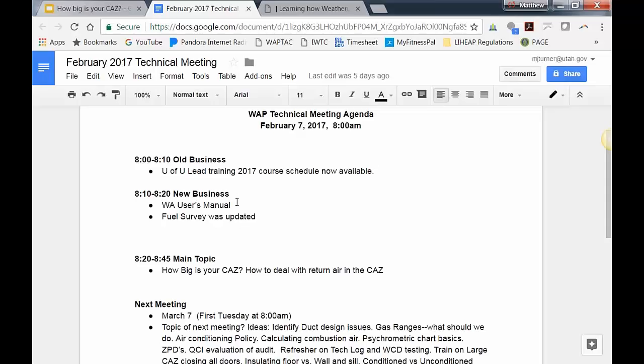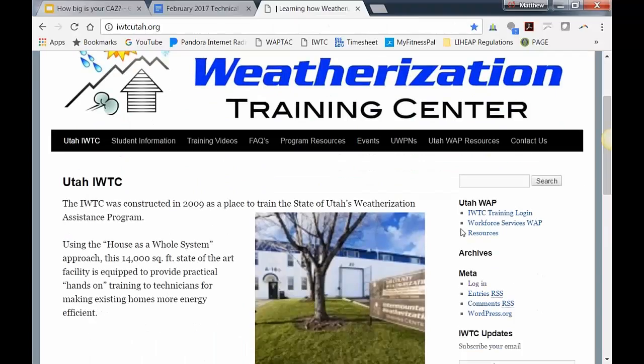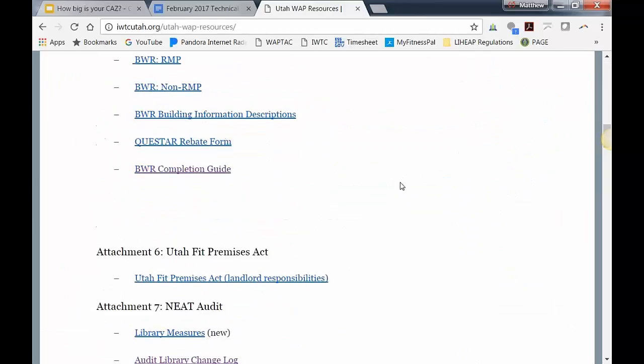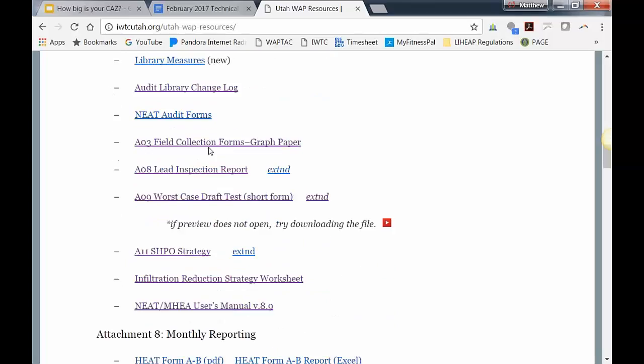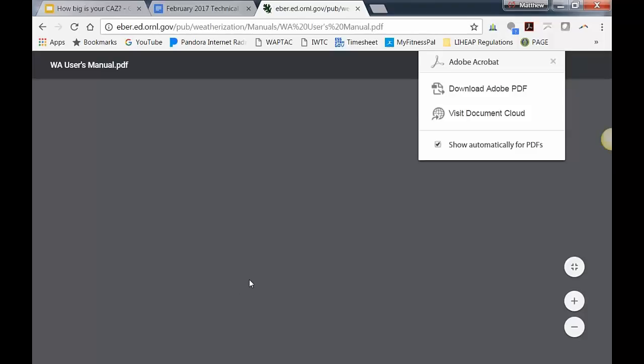You can find it on the WAPTAC website, but I also put a copy of it on our website as well. So just to show you where that's at, if you go to iwtcutah.org and click on our resources page, I've just been putting all the stuff that's really auditor specific under attachment 7, and if you look down here, it's the NEAT MIA user's manual, and if you click on that, it's like a 700-page PDF.